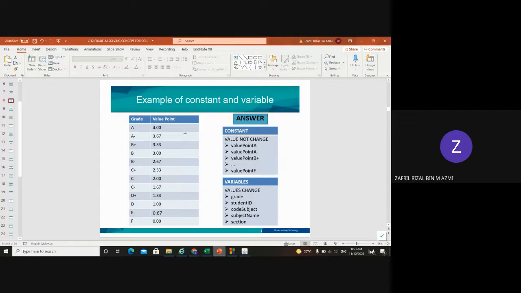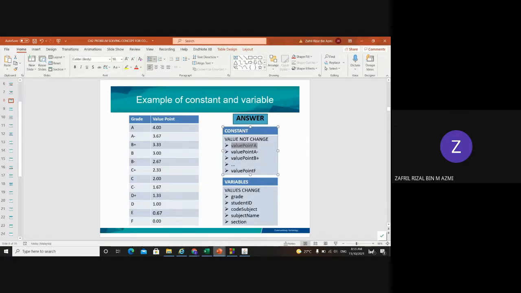This is not a fixed answer, so one program can have many ways to develop it. One way is to declare a constant for value point A. Why can we declare value point A as a constant, class?